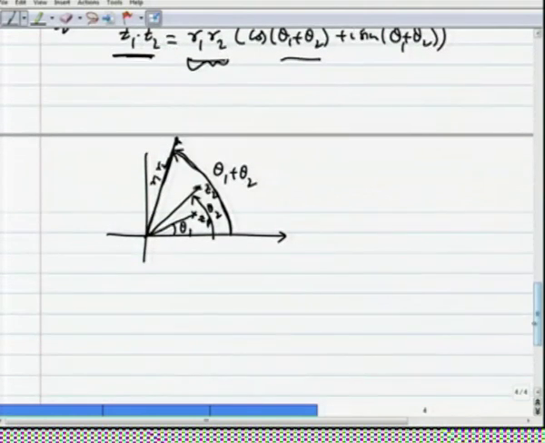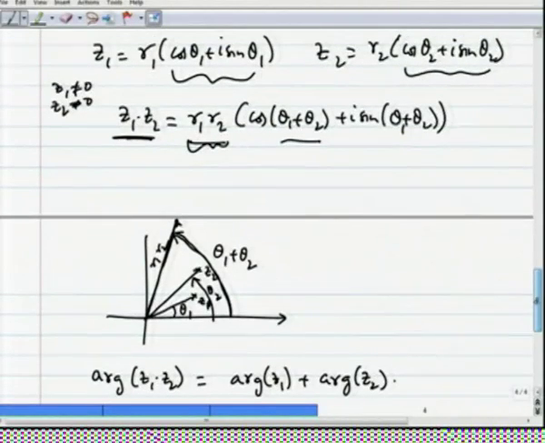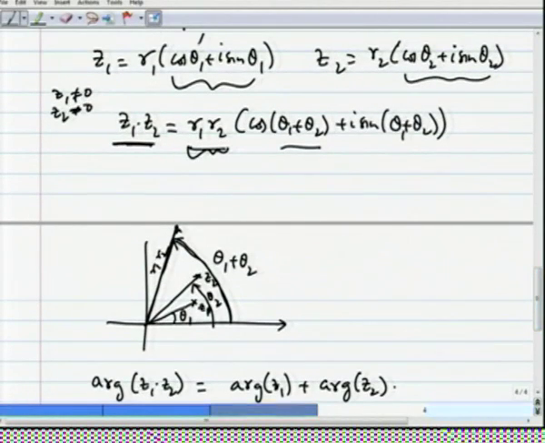Okay. And note that the argument of z 1 times z 2 is equal to an argument of z 1 plus an argument of z 2. Okay. So, if you take any argument of z 1 for that matter, and any argument of z 2, recall there are many possible values of theta 1 and theta 2 that you can take, because cosine and sine are 2 pi periodic.